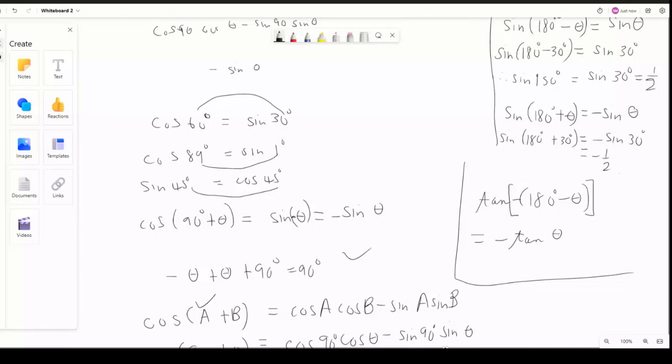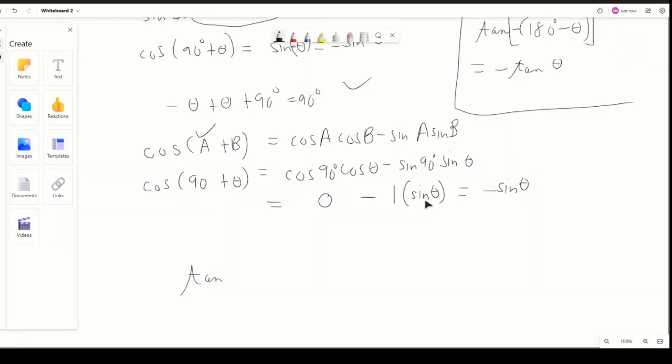Let me just see how I can derive that one. I'm just looking for a compound formula. For tan of 180 minus theta, you can write it as follows, okay? Or for theta minus 180, you can write it as follows. I'm just going to write it down for you.